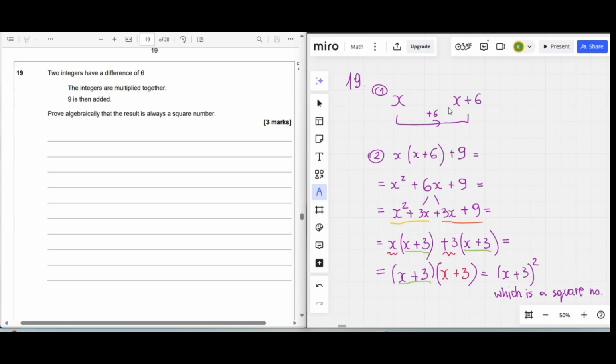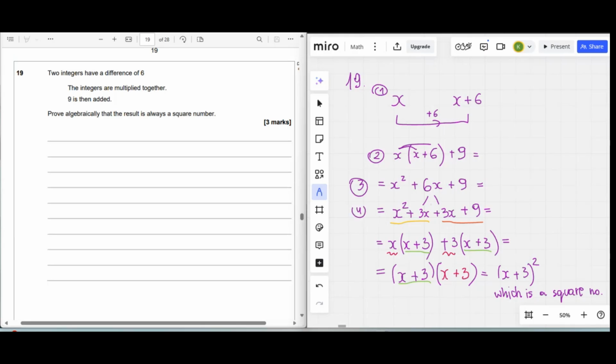Two integers with the difference of 6, that means one is 6 bigger than the other. Then write the multiplication and adding 9 at the end. Then we need to multiply through the bracket.